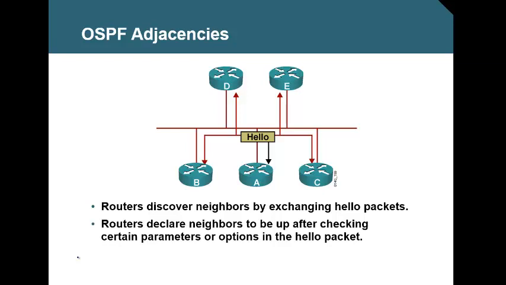Router discovers neighbor by exchanging hello packets. Routers declare a neighbor to be up after checking certain parameters and the options in the hello packet. See, if two routers want to form a neighbor, they need to send hello. But the hello will not guarantee the neighborship.